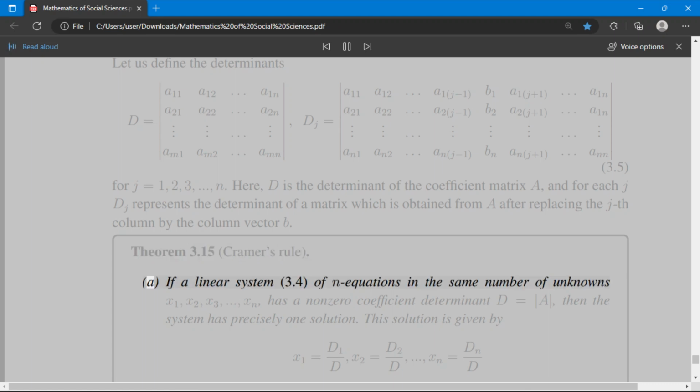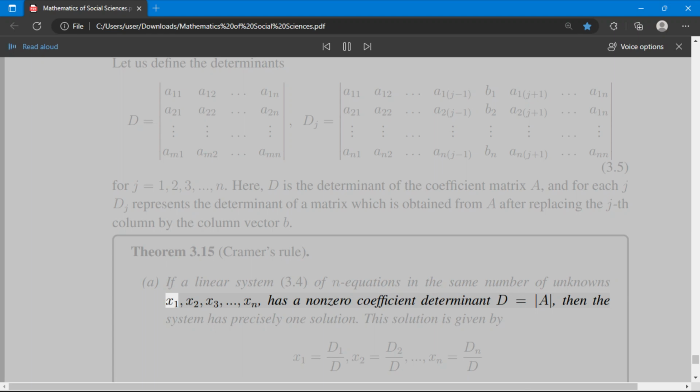Theorem 3.15, Cramer's rule. A. If a linear system (3.4) of n equations in the same number of unknowns x1, x2, x3, ..., xn has a non-zero coefficient determinant D not equal to 0, then the system has precisely one solution.